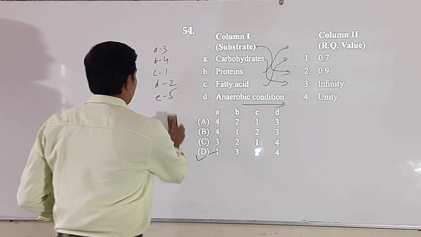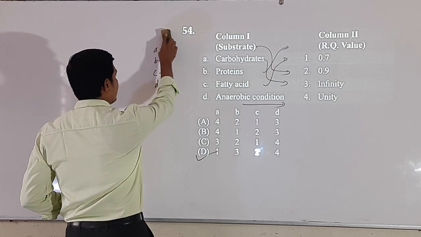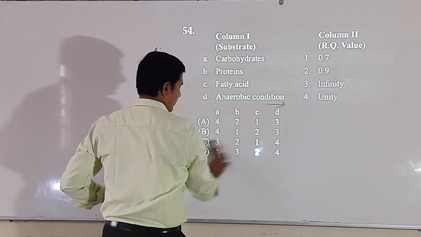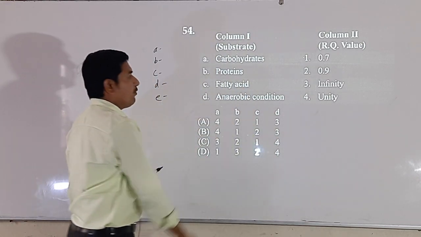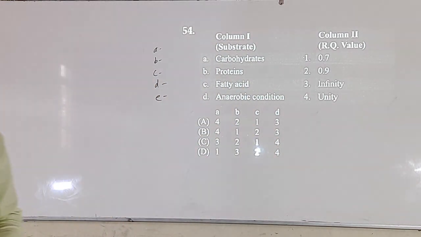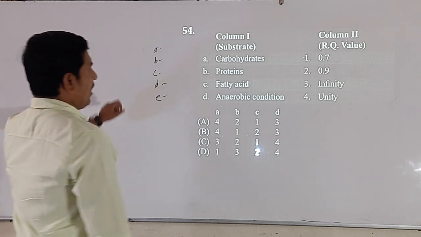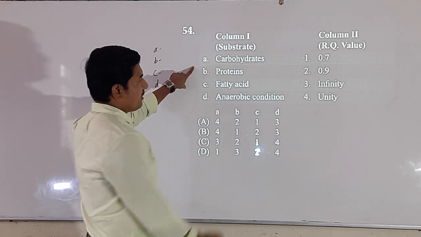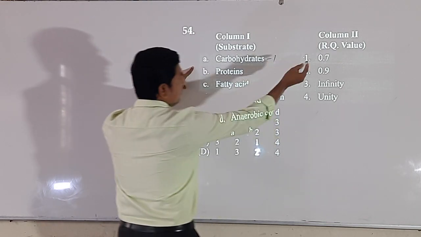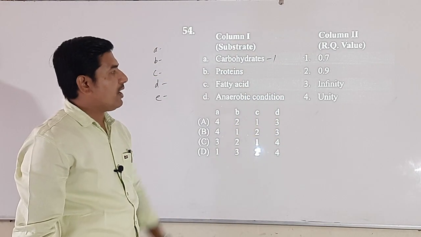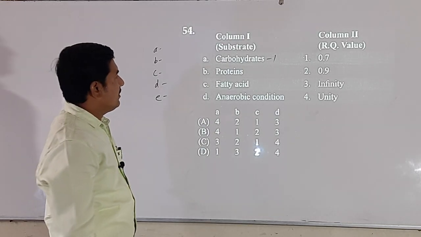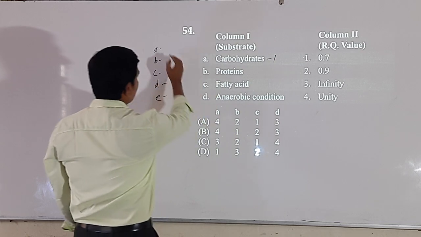Again one more match the type of question. Question 54. Now carbohydrate, they have given the substrate and the RQ value. RQ value is 1, 1 is unity. So A is 4.